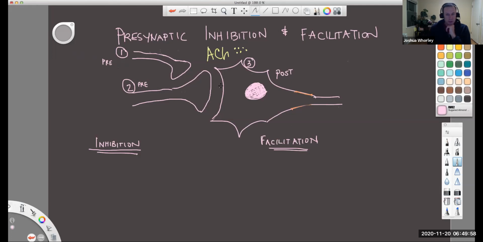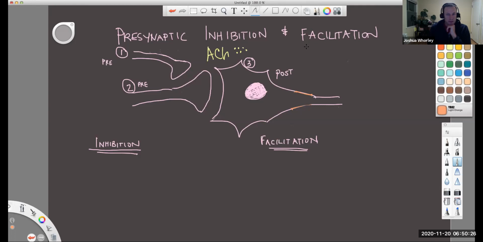Now, a couple of reminders about signal transduction. In general, there are many vesicles in the presynaptic terminal with neurotransmitter. The arrival of one action potential typically causes a small subset of those vesicles to fuse with the plasma membrane and release neurotransmitter.